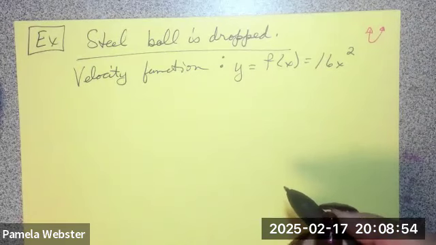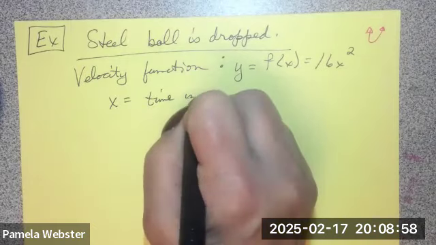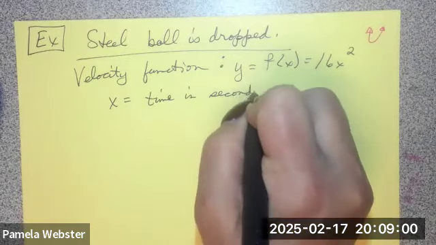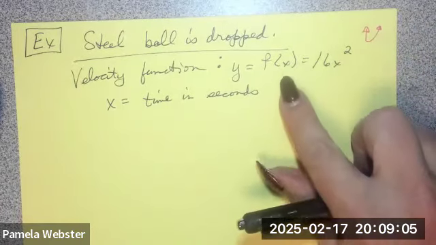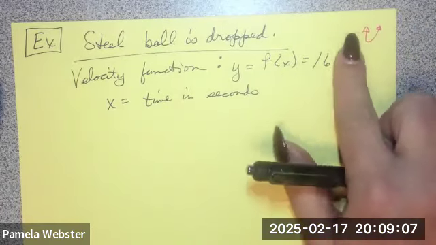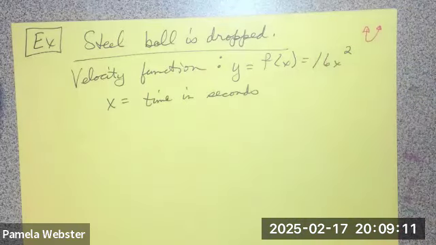Okay, so x is going to be time in seconds. So in other words, if I don't drop it at all, x equals 0. 0 squared is 0 times 16 is 0. You haven't dropped it, your velocity is 0. Oh, real quickly also, what's velocity?